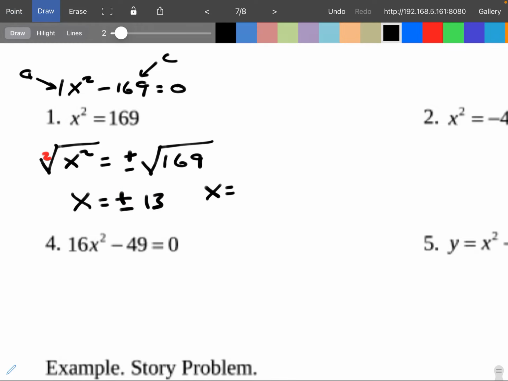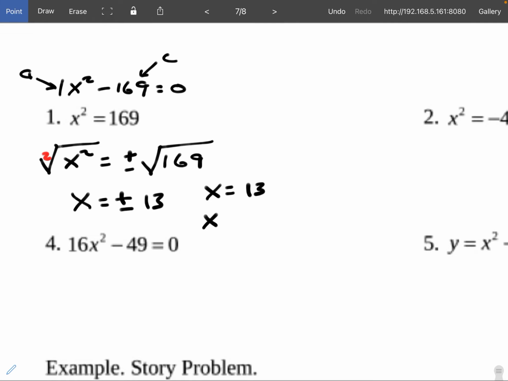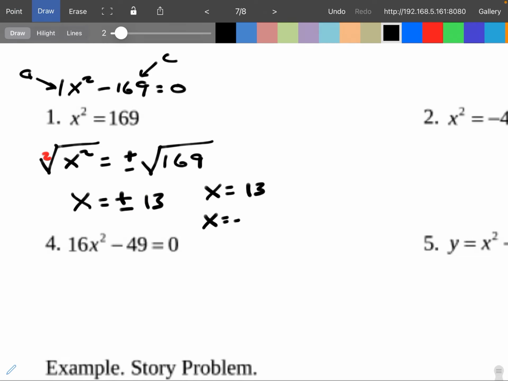So you actually get 2 answers here then. One answer is x equals the positive 13. And then the other answer would be x equals the negative of 13. So that's your 2 solutions.